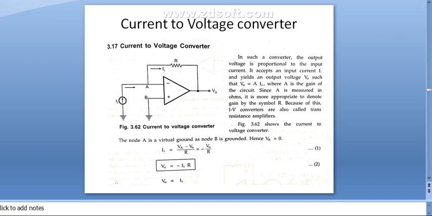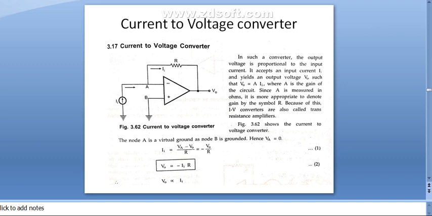Here we have two nodes A and B. Node A is a virtual ground as node B is grounded. So VB equals 0, and due to the virtual ground concept, VA is also 0.